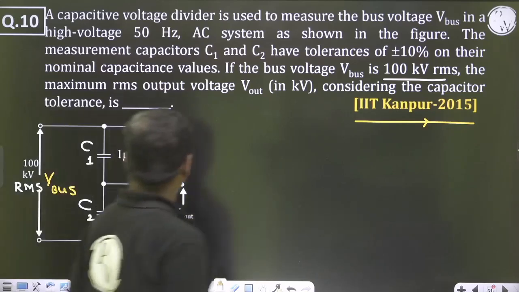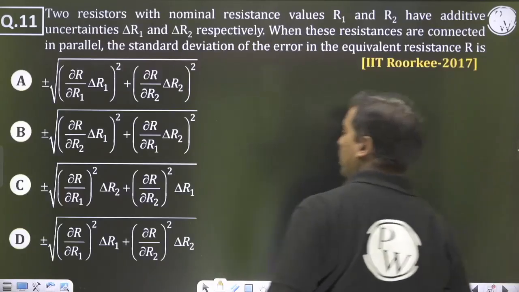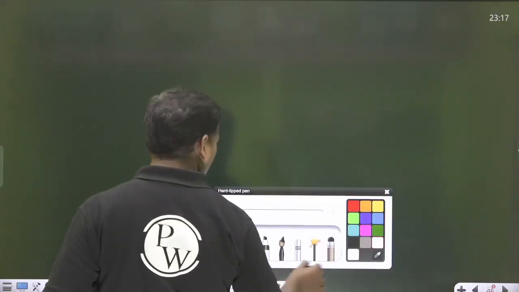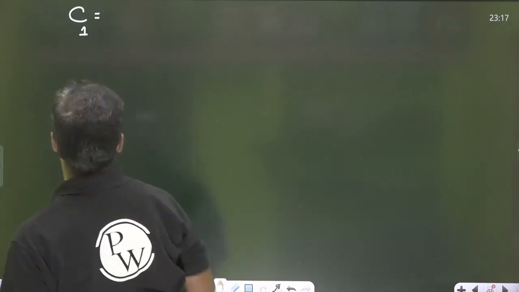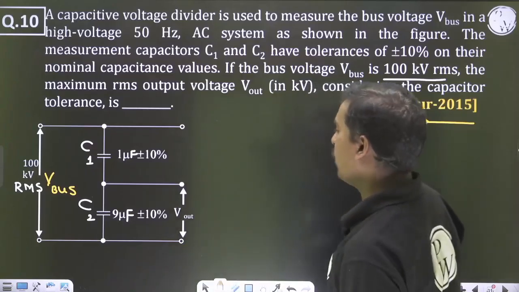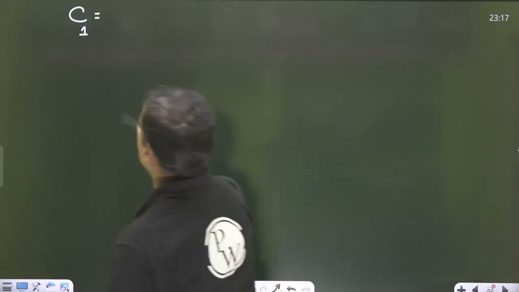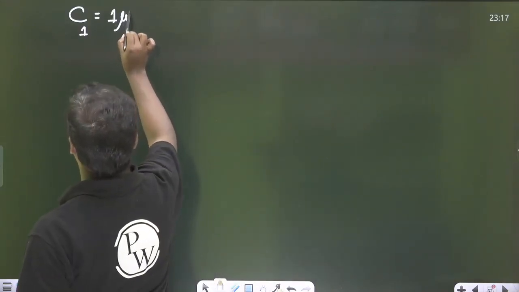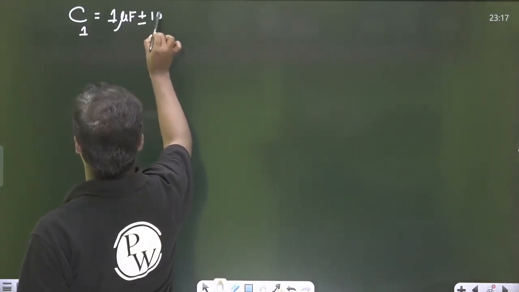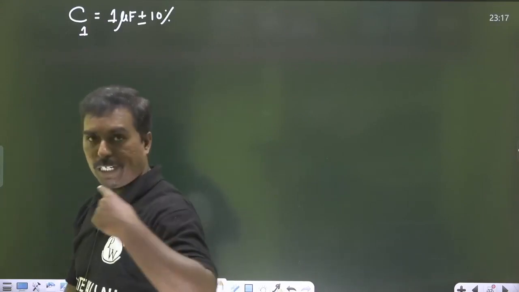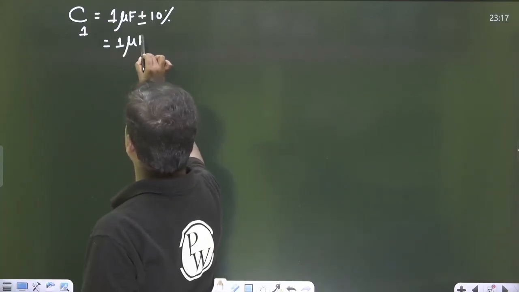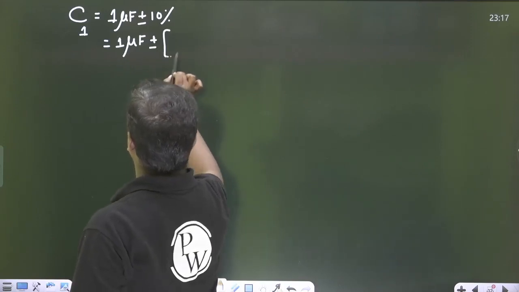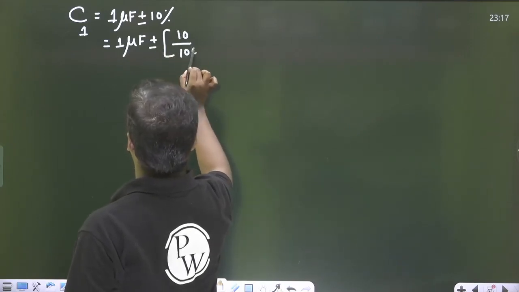First, what is C1? The C1 is 1 microfarad plus or minus 10%. First let us talk about what the value is. This is 1 microfarad plus or minus 10%, which means 10 by 100 of 1 microfarad.